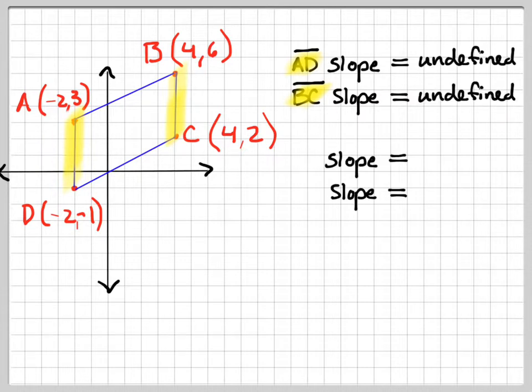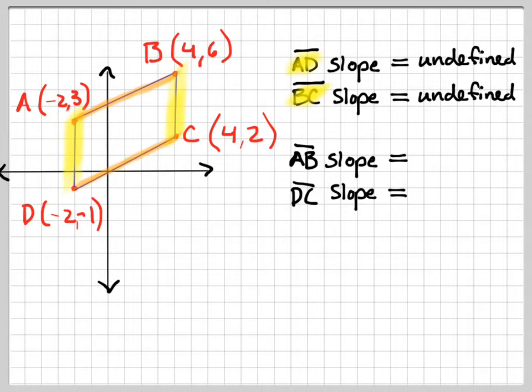Okay, now we're going to look at the slope of segment AB. So I'm going to say, what's the slope of segment AB? And I'm going to also look at the slope of segment DC. You'll see I included segments over those top 2. I forgot there. So we're talking about this segment from here to here, and this segment from there to there.